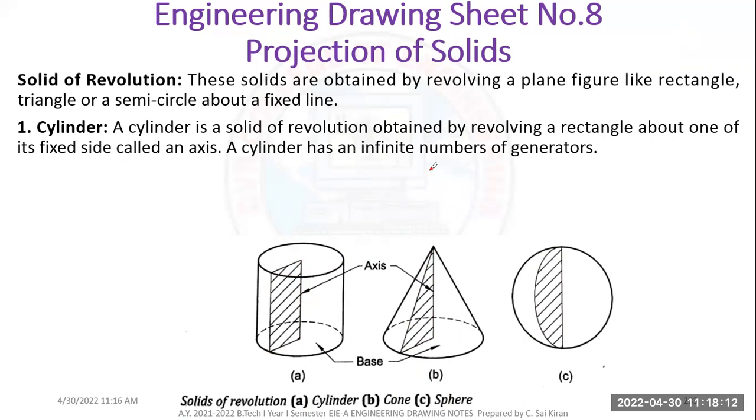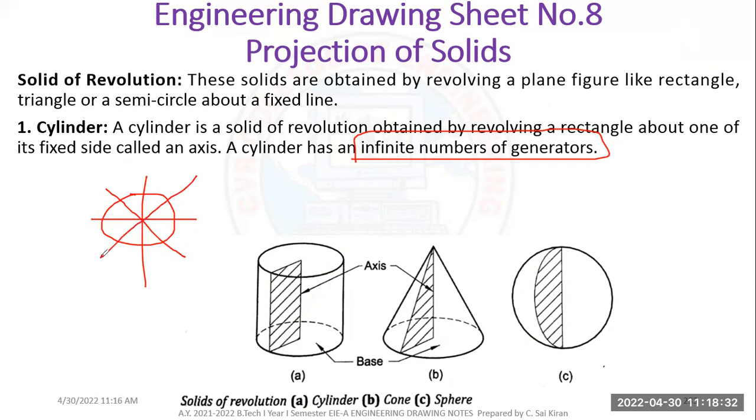Same thing explained. It has an infinite number of generators. So this is the main point. Generators are nothing but this is a circle, and I can divide this circle into n number of parts. Suppose you are dividing into 6 parts, then I can still create n number of parts.